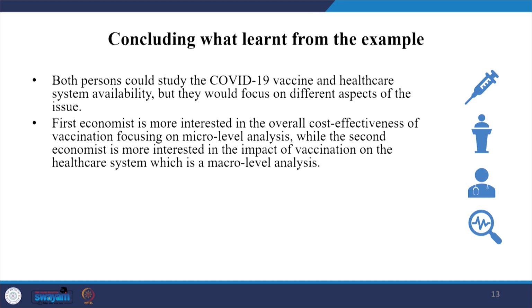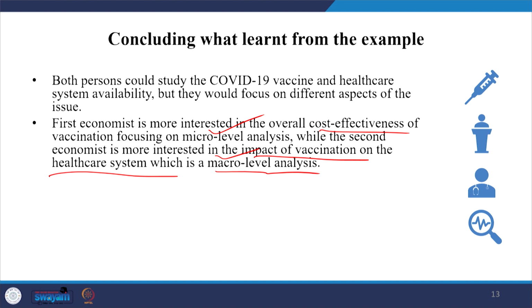First, the economist is more interested in overall cost effectiveness of the vaccination, focusing on micro level analysis, while the second economist is more interested in the impact of vaccination on the healthcare system, which is in a larger context, understanding whether the impact can be replicated in different contexts, therefore here we are saying a macro level analysis.